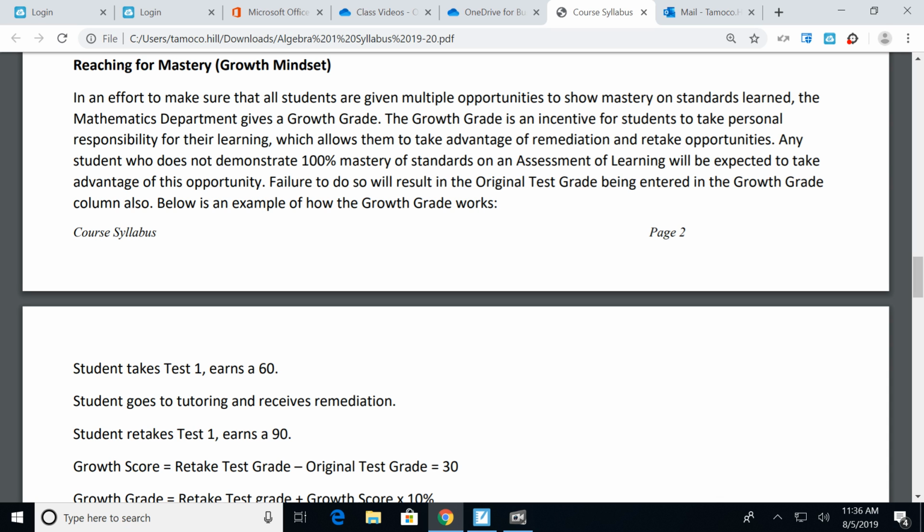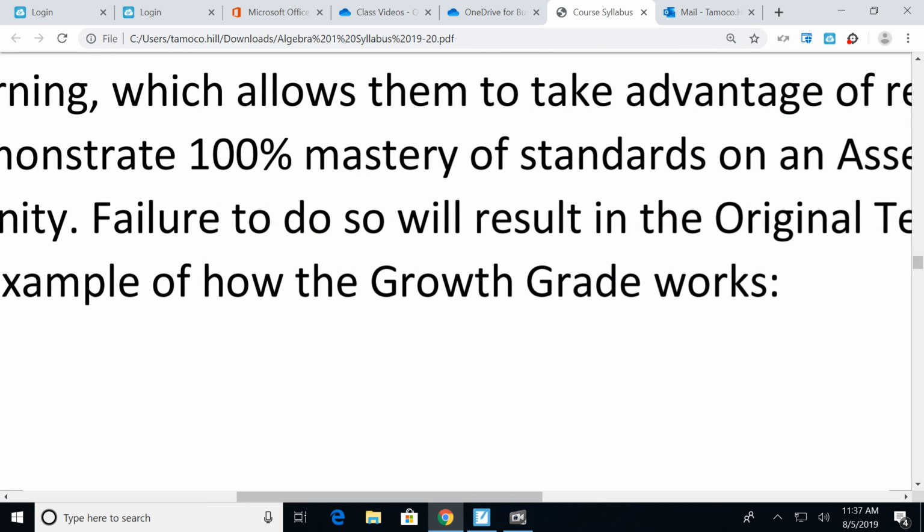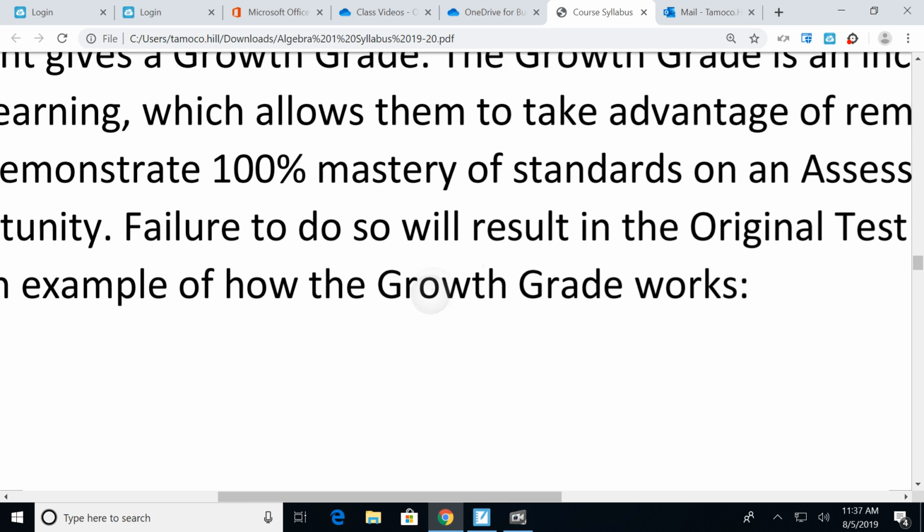What students? Yes? Anybody who does not demonstrate 100% mastery. So in other words, what score is that? 100. So if you don't score 100, the expectation is that you retake it so that you could possibly get 100.